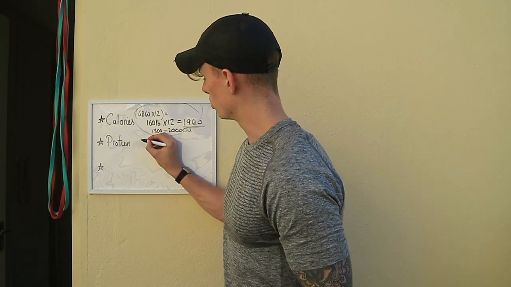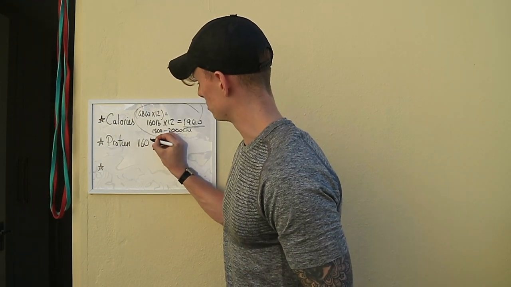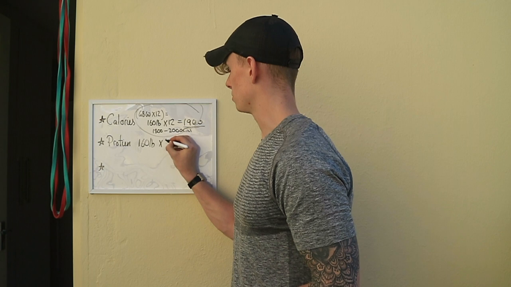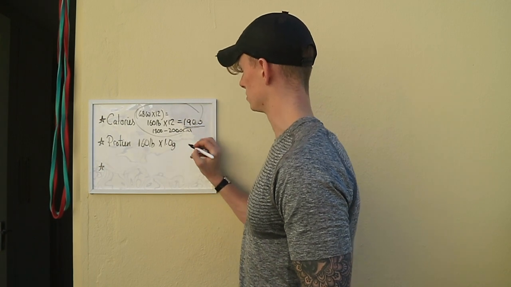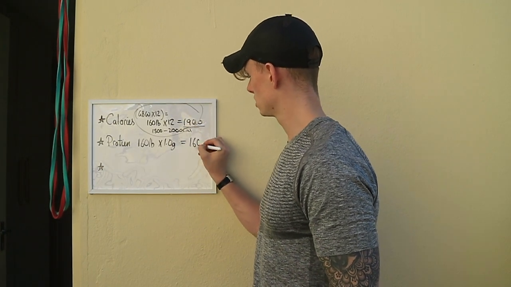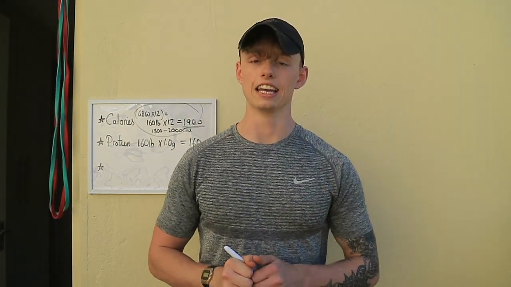So to figure out your protein intake, all we do is even simpler. We take your goal body weight, so let's say 160 pounds again, and we times that by 1.0 grams, which obviously equals 160 grams of protein a day.